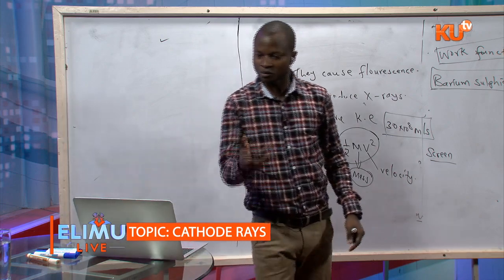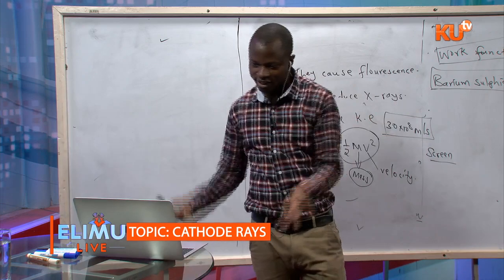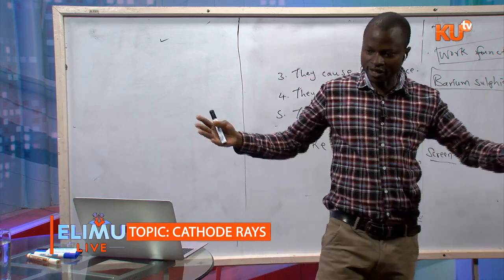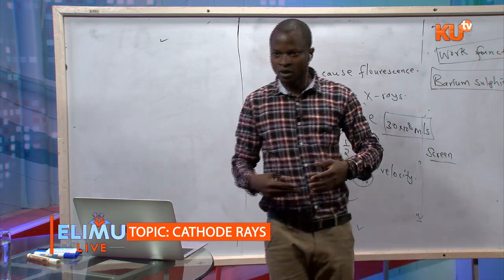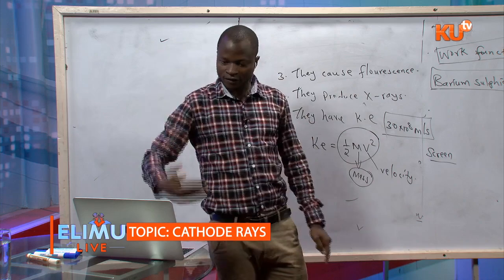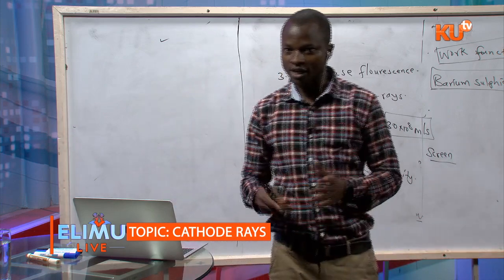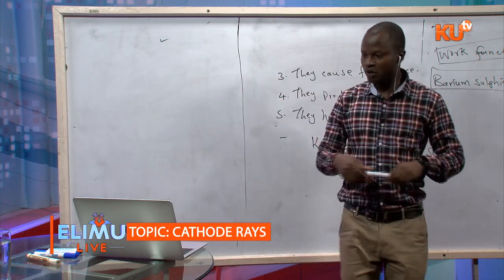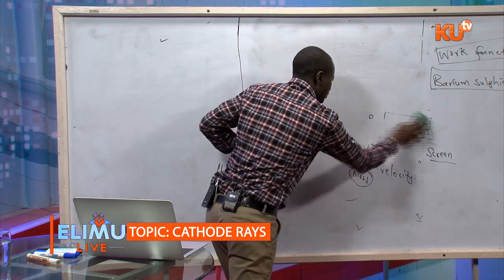Now let me ask you a simple question. Do we need electrons anywhere? This beam of electrons, where do we use them? You realize there are so many, but as far as Form 4 modern physics is concerned, you will only look at a few cases.